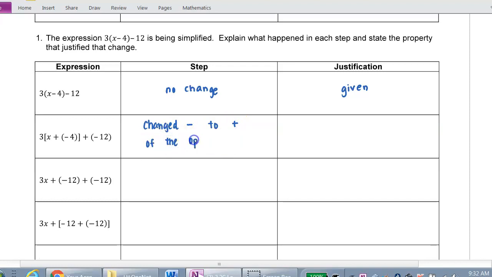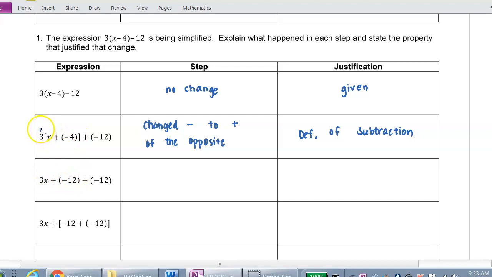So I'm going to note that they changed subtraction to addition of the opposite. So trying to keep our explanations brief. And remember that it's the definition of subtraction that allows us to rewrite a subtraction expression as an addition expression. Now, comparing my second line to the third line, I notice that the brackets, the grouping symbols, have disappeared.